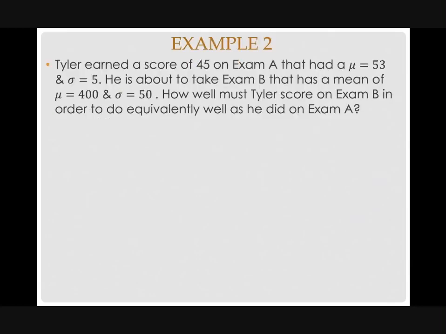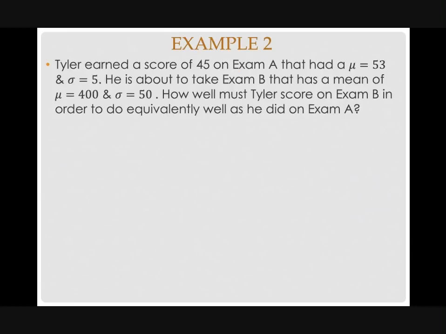Now let's look at a second example. Tyler earned a score of 45 on exam A, which had a mean of 53 and a standard deviation of 5. He is about to take exam B that has a mean of 400 and a standard deviation of 50.